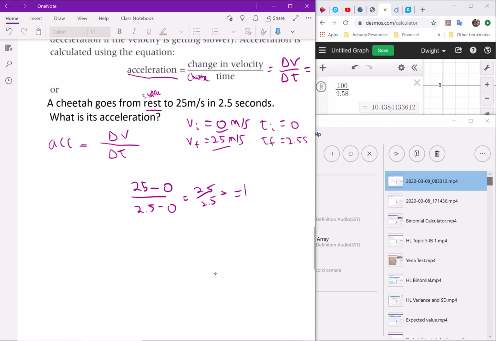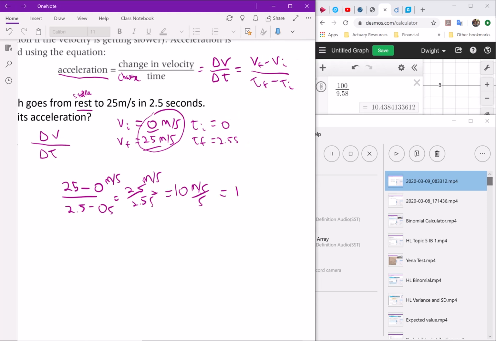You get 10, and then remember units, right? These were measured in meters per second. These were measured in seconds. So you have meters per second per second, because think about your units, right? Your units on the top were 25 meters per second minus 0 meters per second. So this is in meters per second, and your bottom was in seconds. So you have meters per second per second, which is the same thing as 10 meters per second squared.